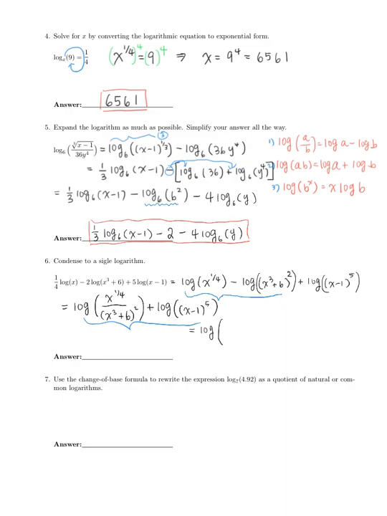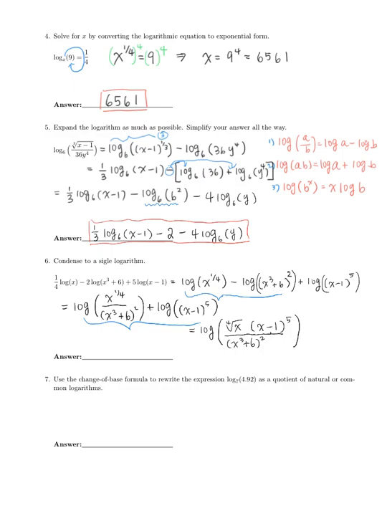Log of x to the 1/4 is the same thing as the 4th root of x over x to the 3rd plus 6 squared. And then you're going to have to multiply the arguments together in this case. So then here you're going to have x minus 1 to the 5th. Okay, I think that's good enough.